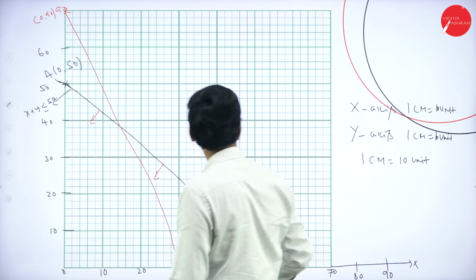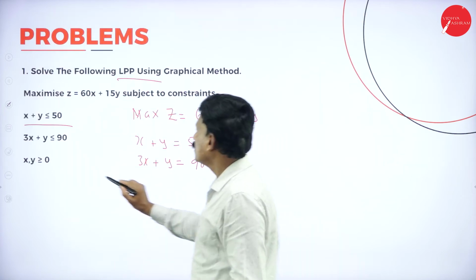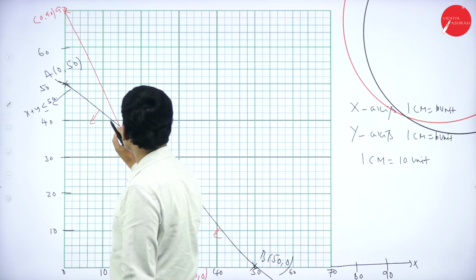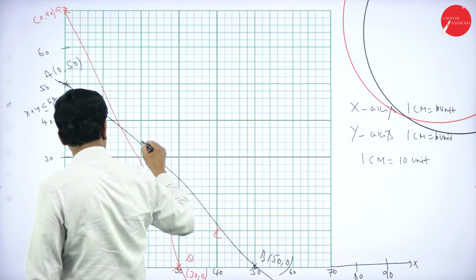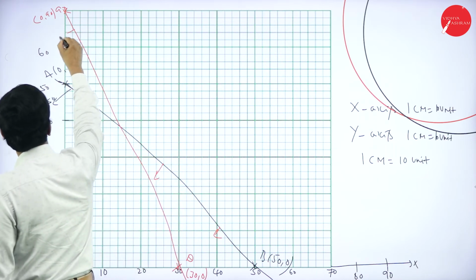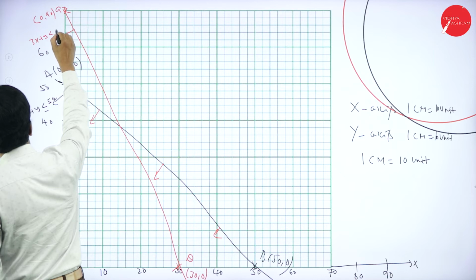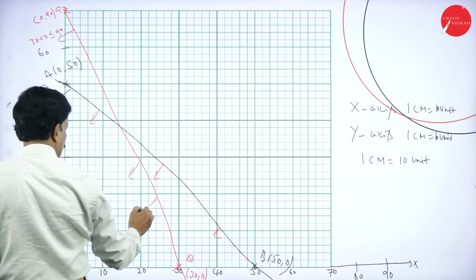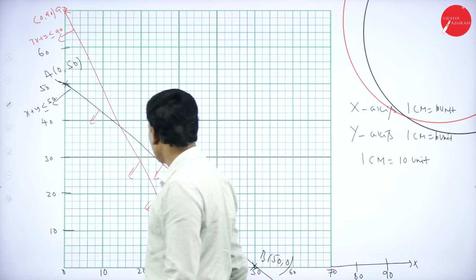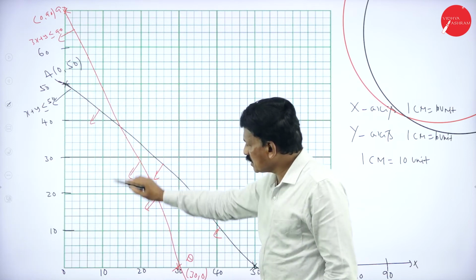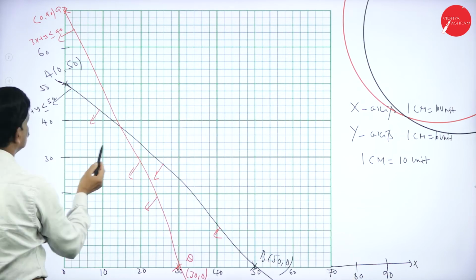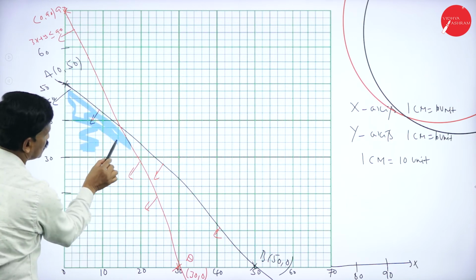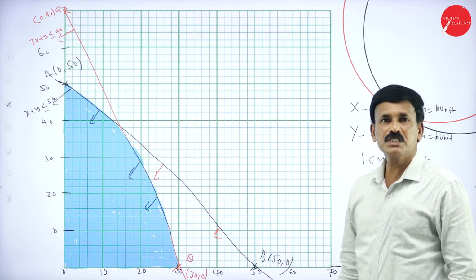What is this? Here the line is 3x plus y is less than or equal to 90. That means the feasible region is again downwards for this. So therefore this is the feasible region.